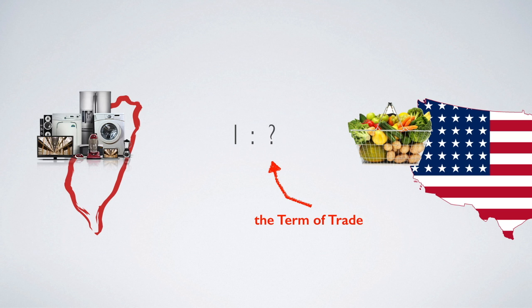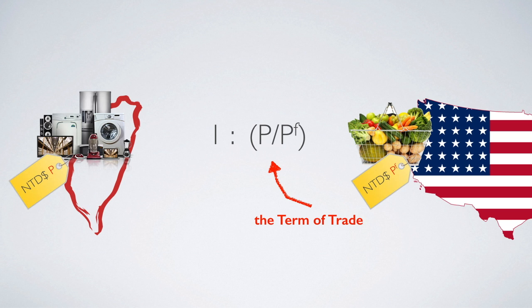If one basket of Taiwan's electronic goods costs P dollars, and one basket of US agricultural goods costs PF dollars, and we assume that we already convert all the price tags to the same currency, here the home currency, New Taiwan dollar, then apparently one basket of Taiwan production will be able to give you P divided by PF baskets of foreign goods.